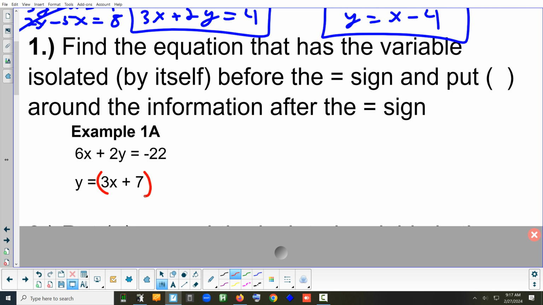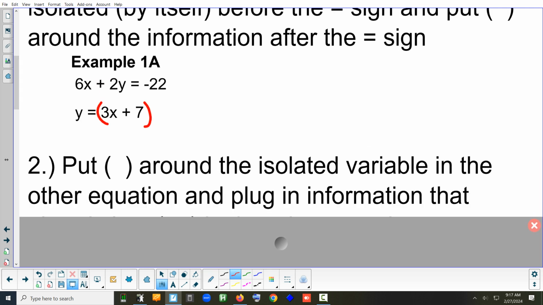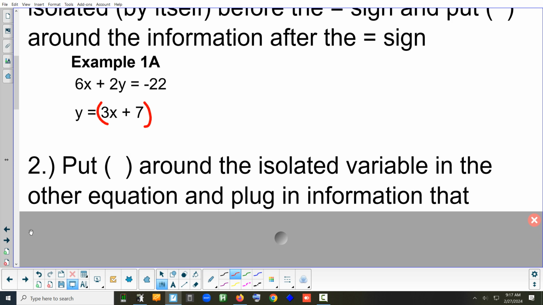Okay. Any question on step 1? All right. So you can write that down exactly right, just the way it is as we do it. Okay. Step 2. I want to put parentheses around the variable that's isolated in the other equation. All right. So can someone remind me again, in the bottom equation, what letter was by itself in the bottom? Y. The y. The y was by itself.